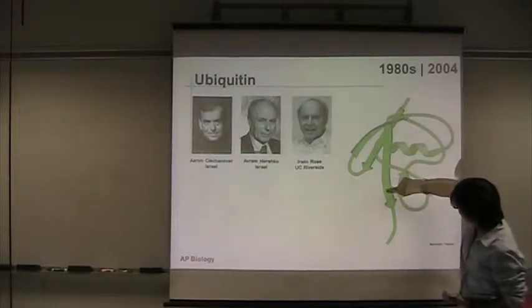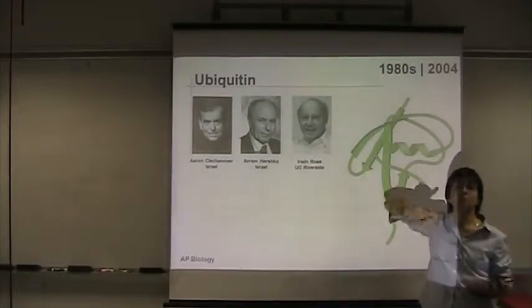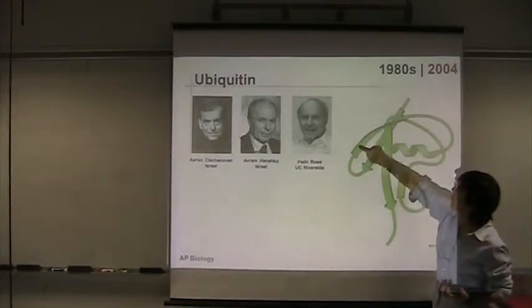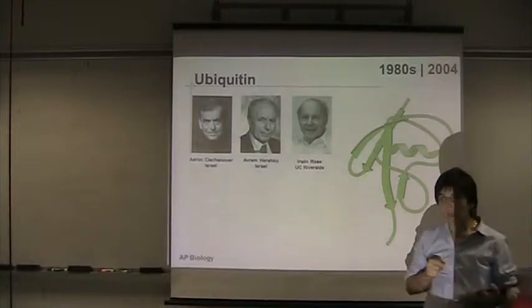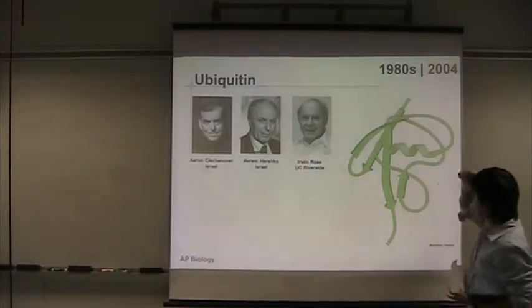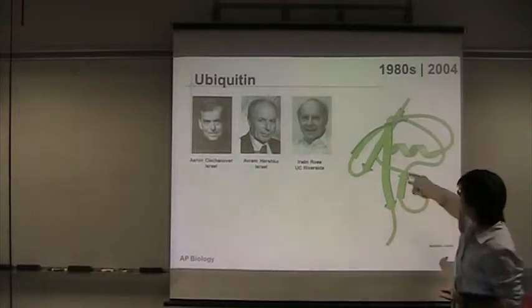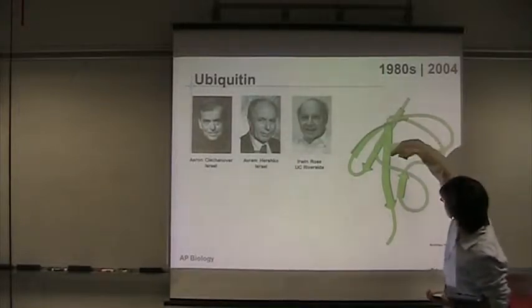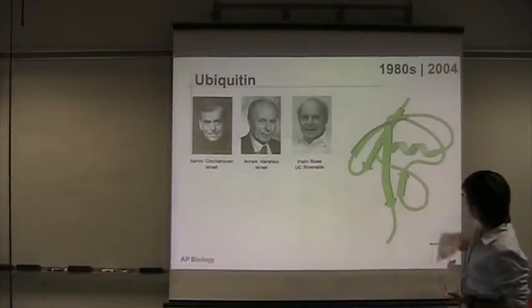Whenever you see these arrows, actually, this is an important point. This represents beta pleats. This is how beta pleats are represented when you have a three-dimensional view of the protein. So this is the tertiary structure of your ubiquitin that includes nice alpha helixes and nice beta pleats there.